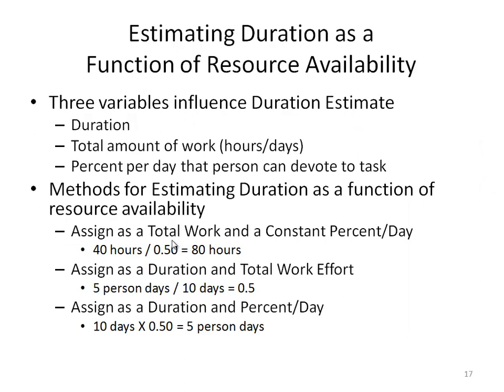There are 3 variables that influence duration estimate: the duration, the total amount of work, hours per day, and the percent per day that a person can devote to a task. For example, some people work 50% of their time on task A, 10% on task B, 30% on task C, and 10% maybe breaks.